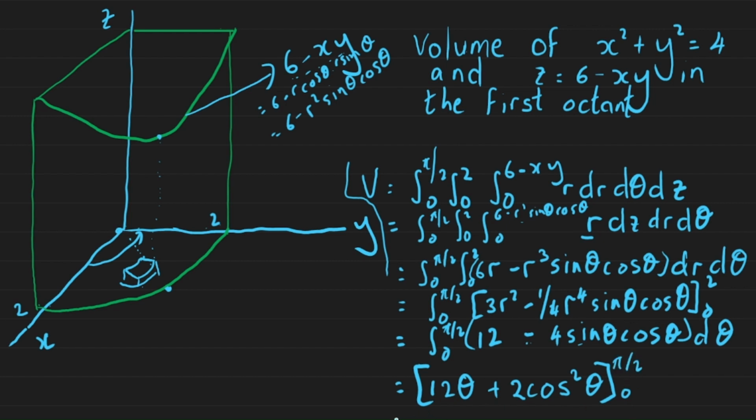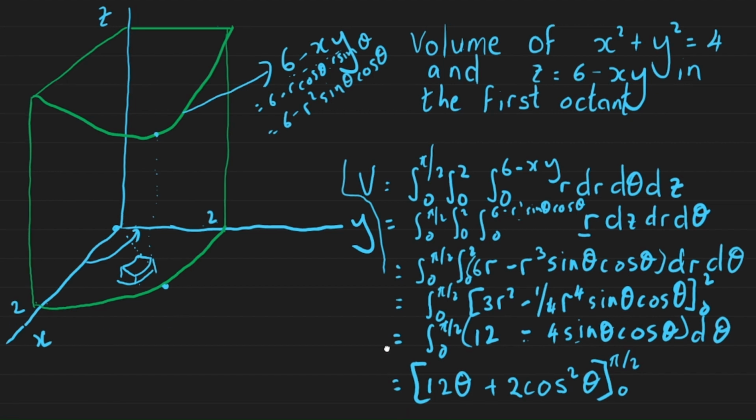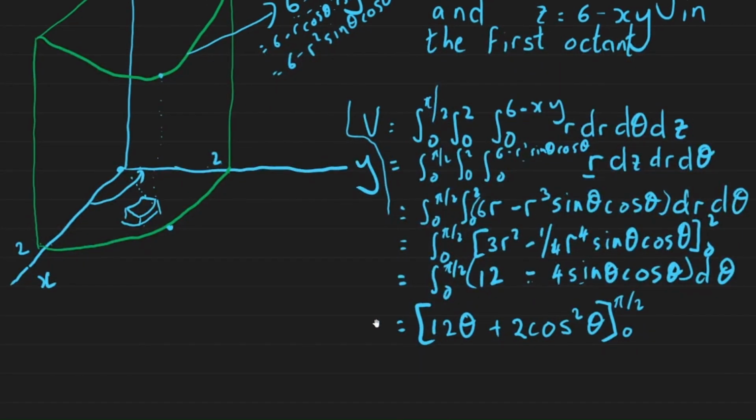So what's left when we integrate this is simply 6 pi minus 2. 12 times pi over 2 gives us 6 pi, and then we substitute in that 0 again. 0 times 12 is 0, and the cos of 0 is 1, and that's how we get that minus 2.